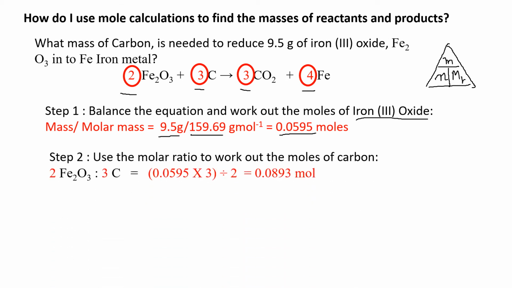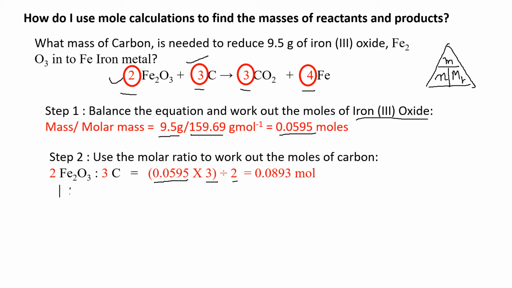Step 2, we use the molar ratio, so it is 2 to 3. So we times 0.0595 by 3, divide the whole thing by 2, as the ratio is conducted in terms of 1 to 1.